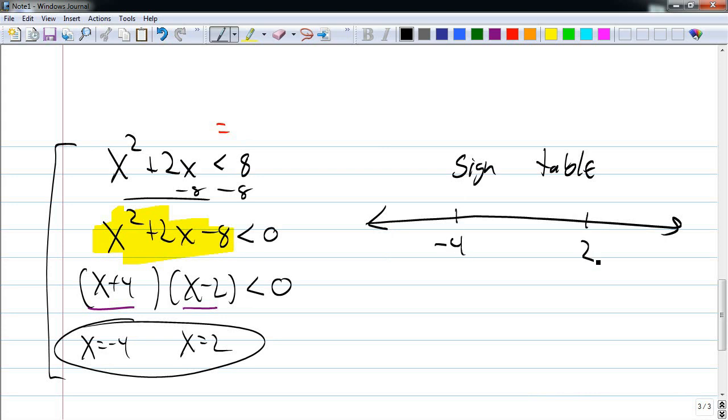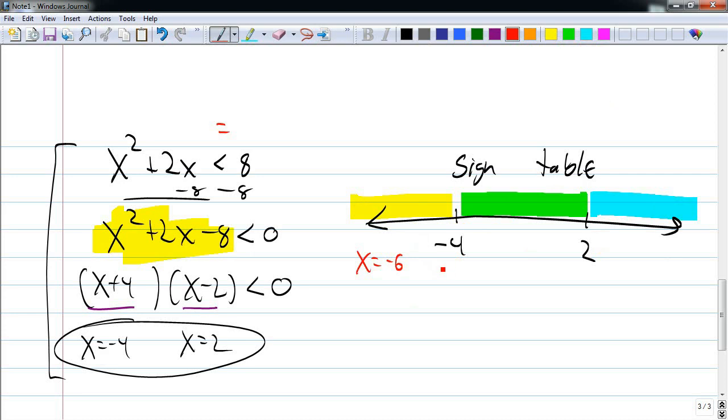Okay? These zeros divide my number line into 3 regions. Here, here, and here. What's going to happen is I'm going to choose an x value from each region of the number line. Okay, so I'm going to choose an x that's less than -4, let's say -6.